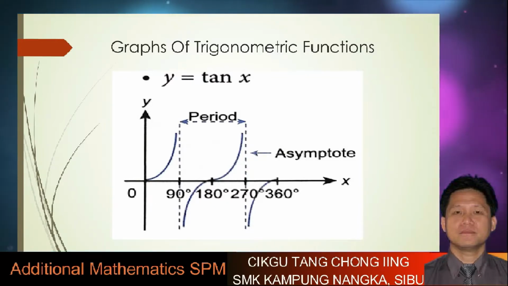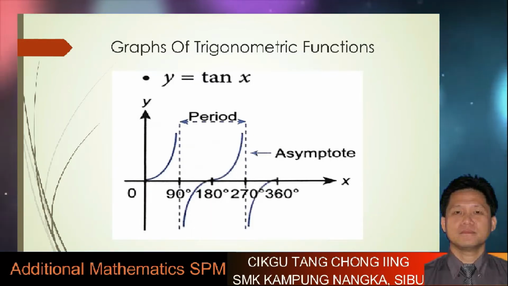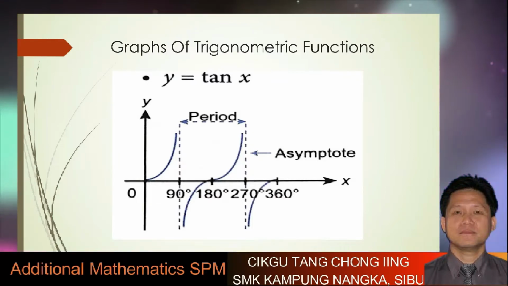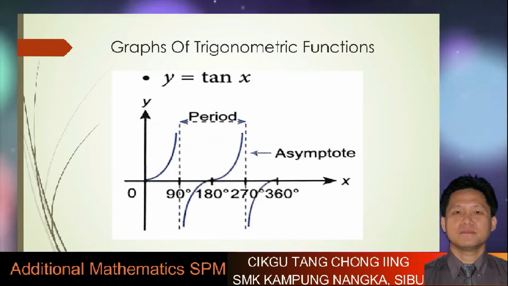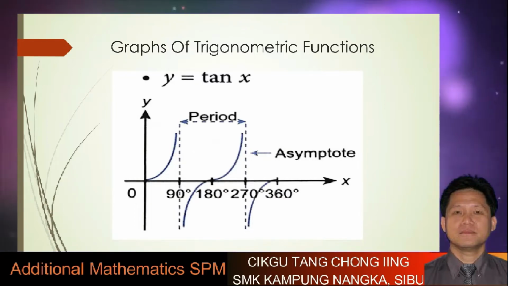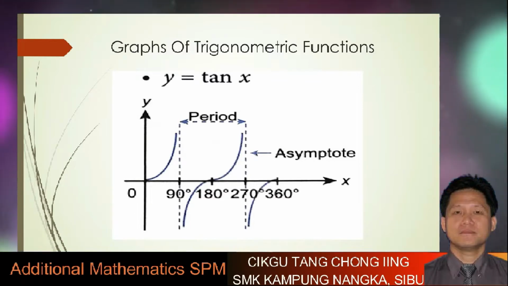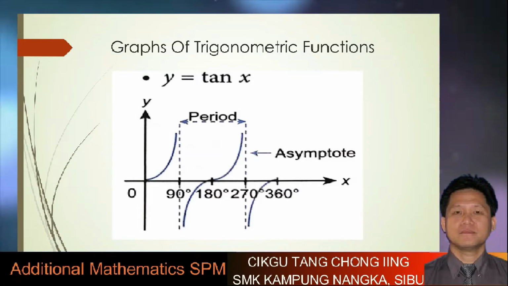And you notice that there are two vertical dash lines here. This is called the asymptote. An asymptote is a line which a curve will approach close but will not touch. No matter how far you draw the curve, it will not touch the asymptote.